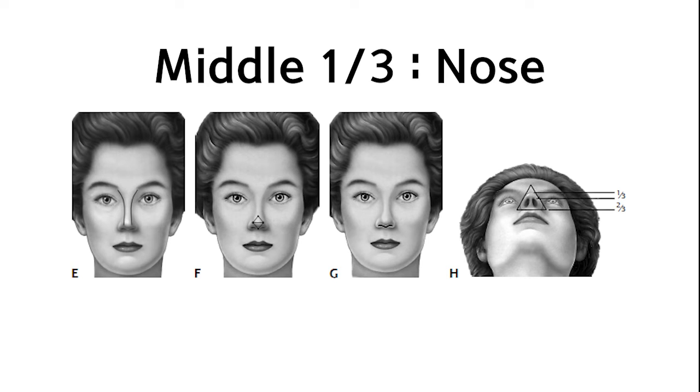When it comes to nasal tip evaluation, we should locate the tip defining points bilaterally, the supratip break above, and the columella lobular angle below. These should form two equilateral triangles.